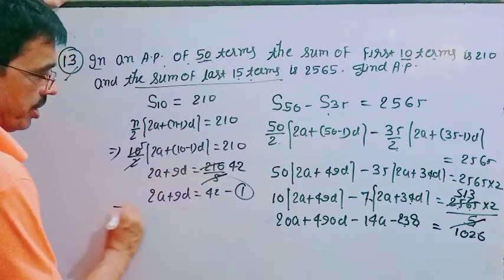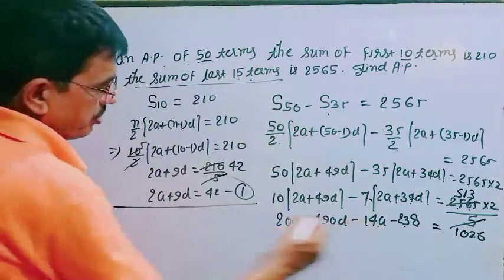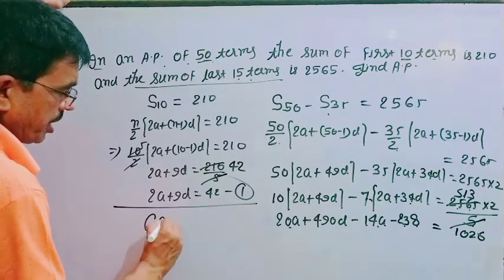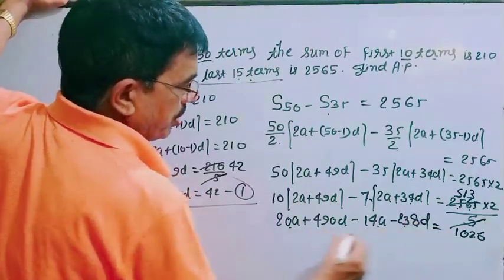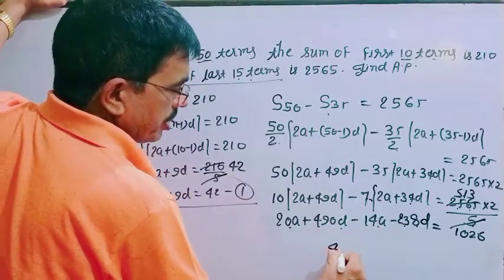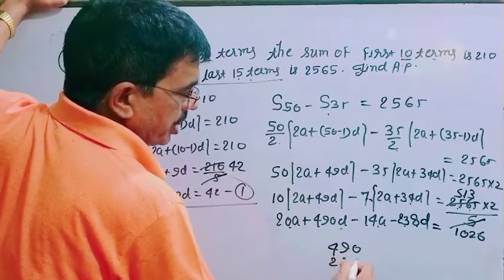What do you get here? You get 20a minus 14a, that is 6a, and here 490 minus 238.